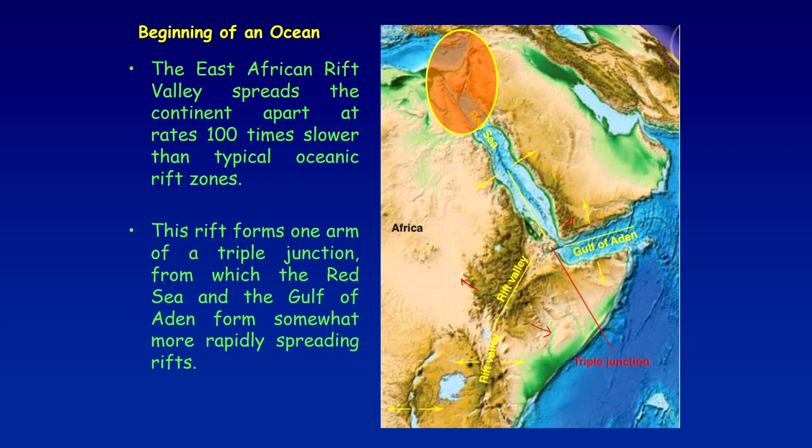Now, this part I will discuss in my next lecture. The important part here is what we have learned, that of course this will result in the separation of the two landmasses, but at the same time plate movement also results in some very prominent features on the earth's surface.